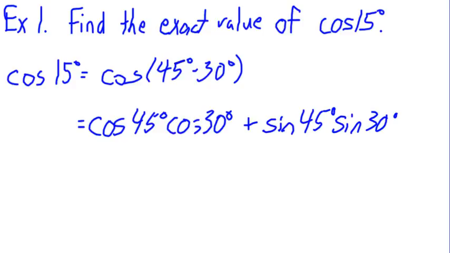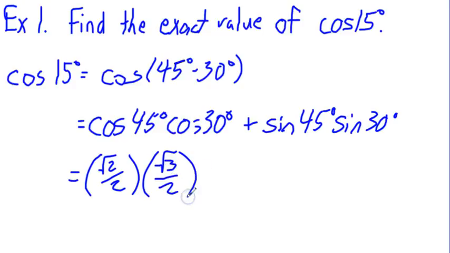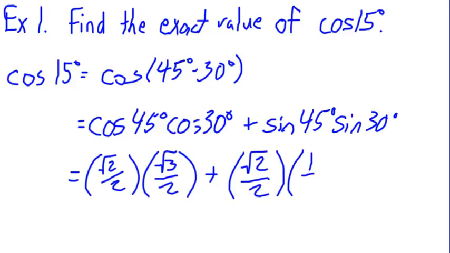Now if you use your unit circle, we know the cosine of 45 degrees is radical 2 over 2. The cosine of 30 degrees is radical 3 over 2. Plus the sine of 45 degrees is radical 2 over 2. And the sine of 30 degrees is 1/2.